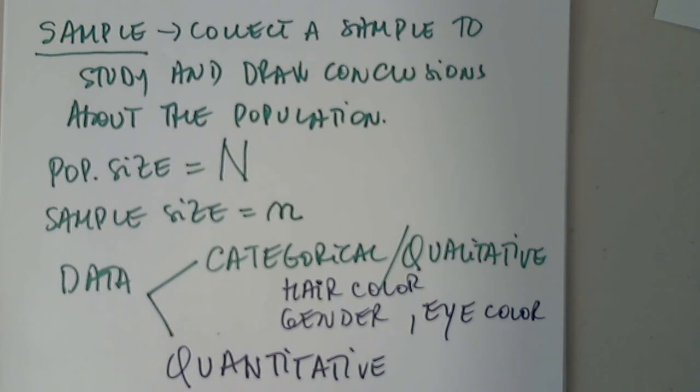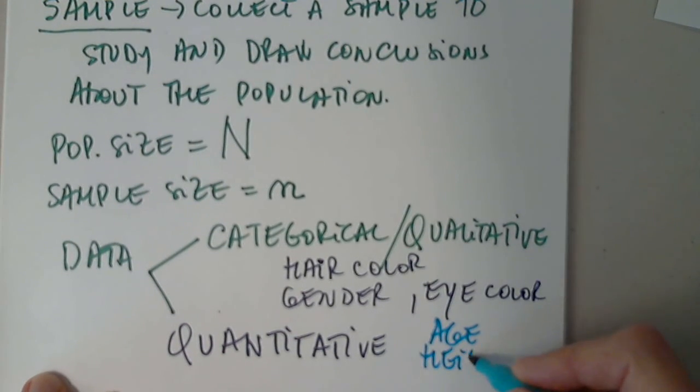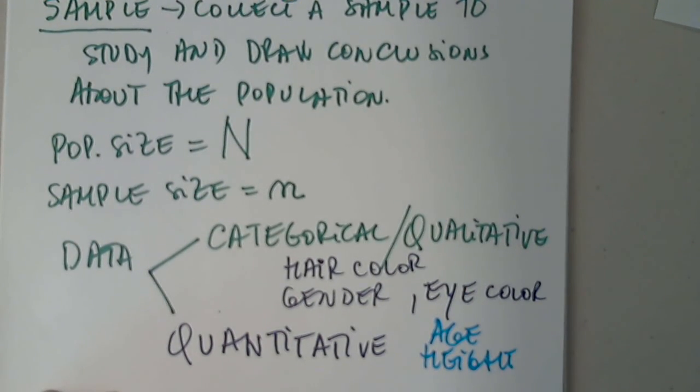They are numbers, and I can use them in calculations. So can anyone give us any quantitative? Age. Excellent. Height. Weight. These are quantitative.